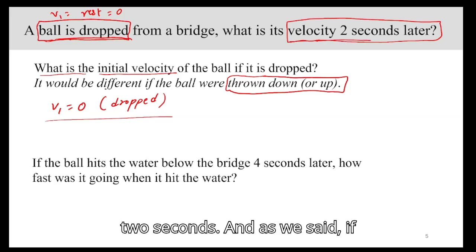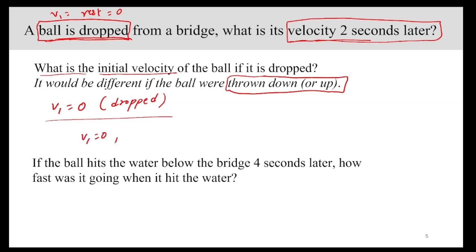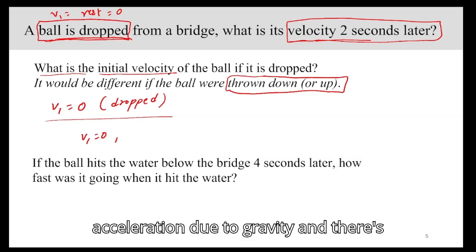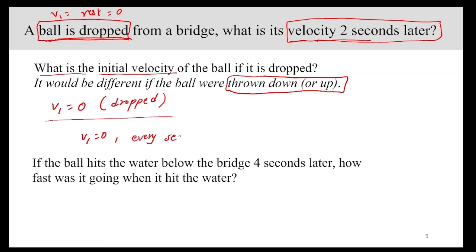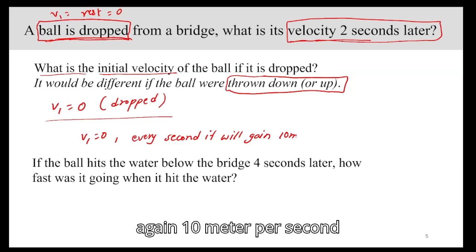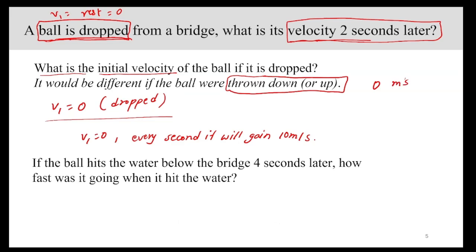As we said, if the initial velocity is 0 and it's falling under acceleration due to gravity, and there's no air resistance, then every second it will gain 10 meters per second, right? So the first second it started at 0 meters per second.